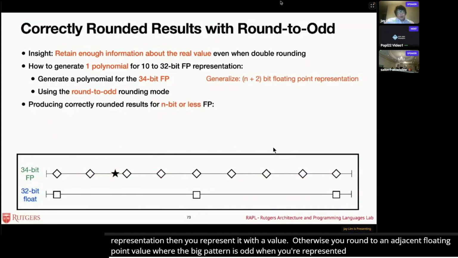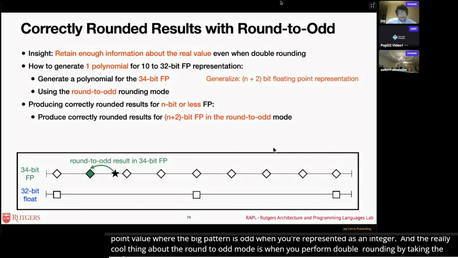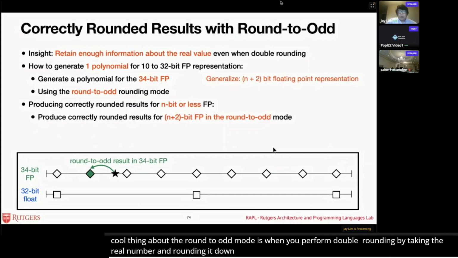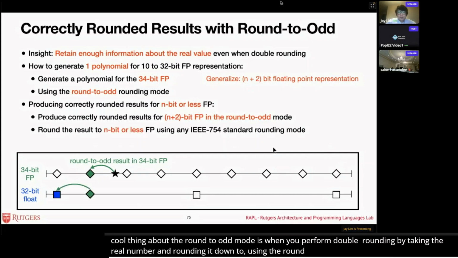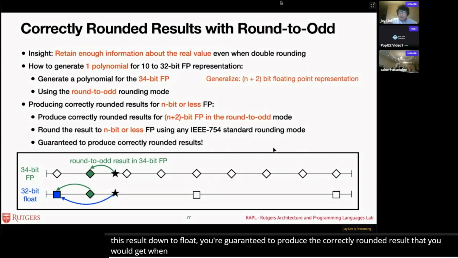And the really cool thing about the round to odd mode is that when you perform double rounding by first taking the real number, rounding it down to the 34-bit floating point representation using the round to odd mode, and then subsequently rounding this result down to float, you're guaranteed to produce the correctly rounded result that you would get when you round the original real value straight down to float.